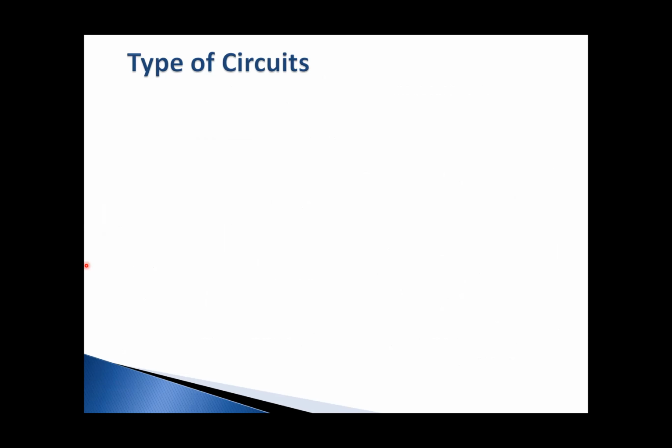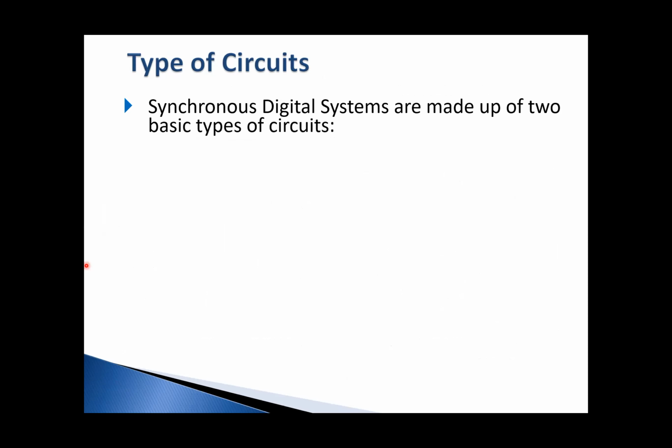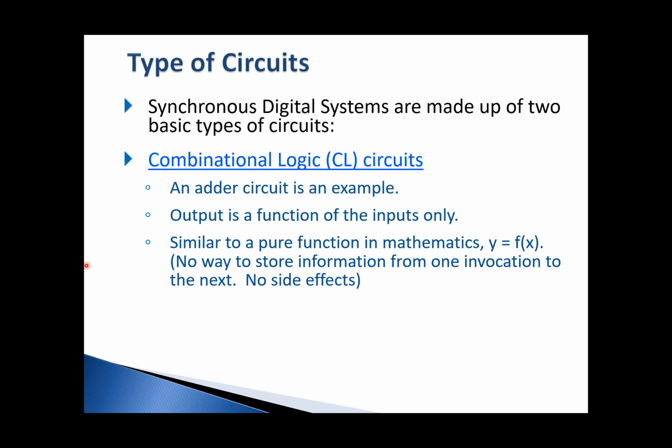The first one is what we call a combinational logic circuit, or CL circuit. It is a circuit unit that performs an action. For example, an adder: how do you add 2 numbers together? This is a type of combinational logic unit.